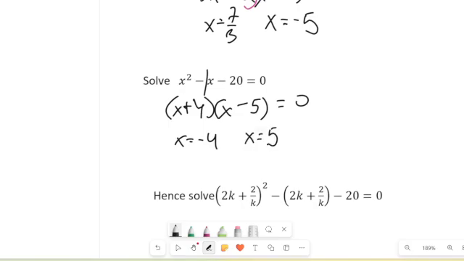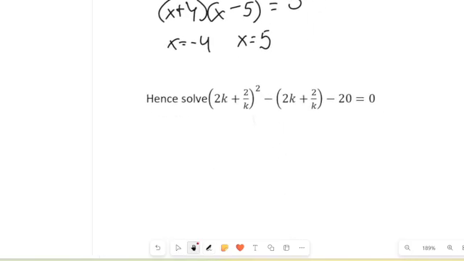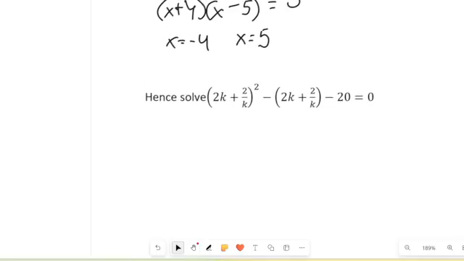And as you can see here, there is a second part of this question when they ask you to hence solve another quadratic equation. Okay, so hence means you use the previous work, and my previous work was finding the roots of this equation.